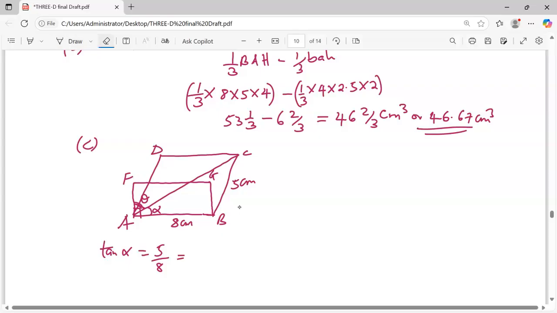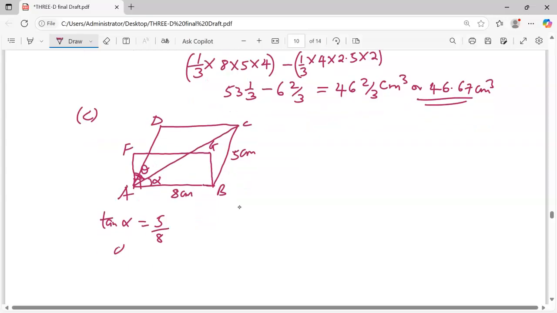For us to get alpha, we need to get the tan inverse of 5 over 8, and this is going to give us approximately 32 degrees.